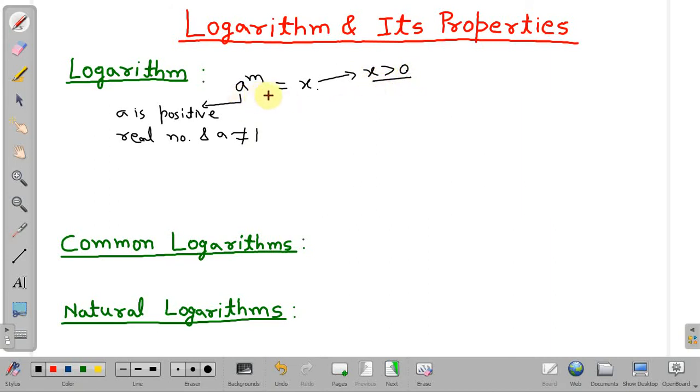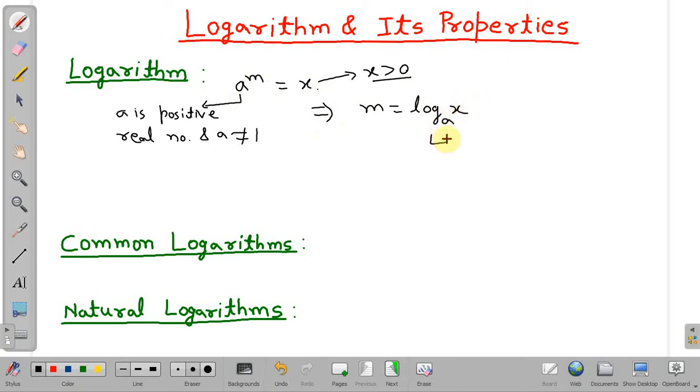So that a to the power m equals x. In terms of logarithm we can write m equals log x to the base a.